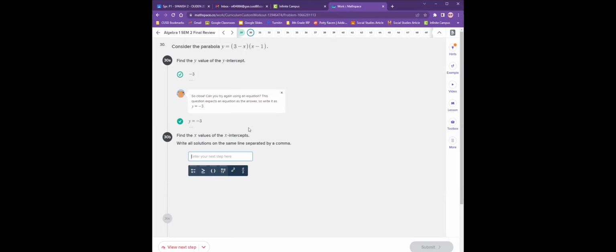Use the factored form. Set the factors equal to 0. So 3 minus x equals 0, x minus 1 equals 0, so x equals 3 and 1. That's correct.